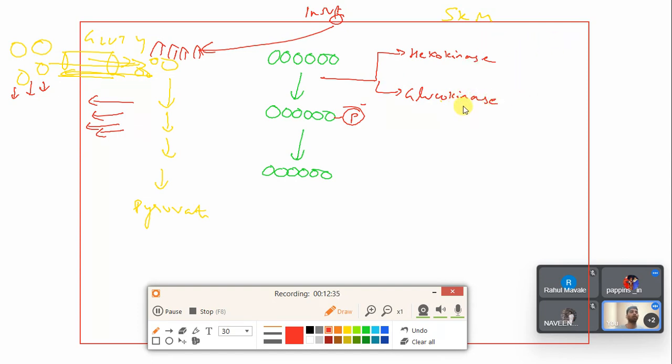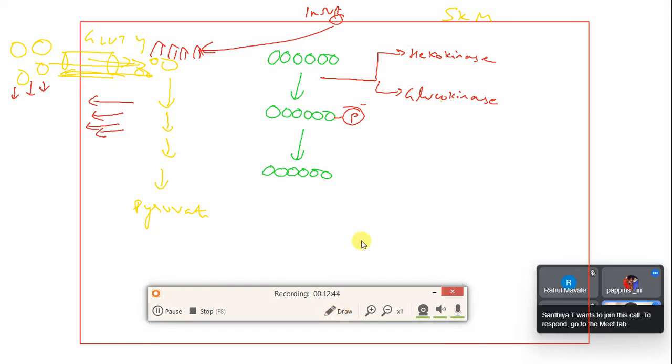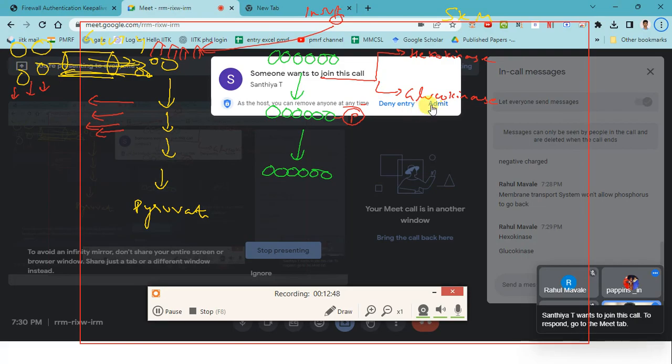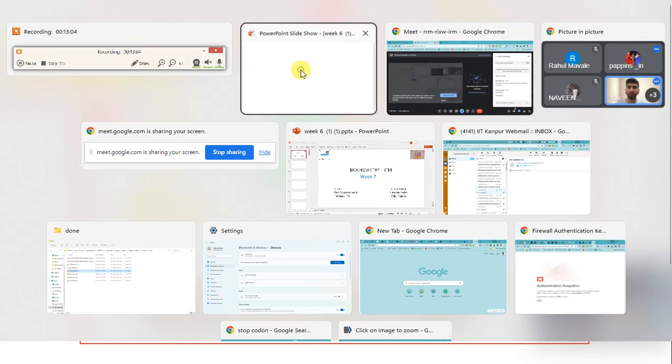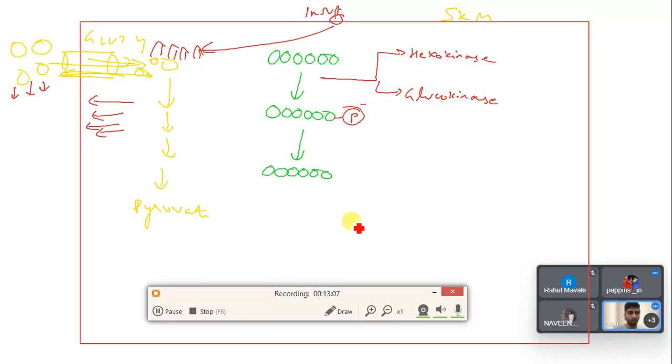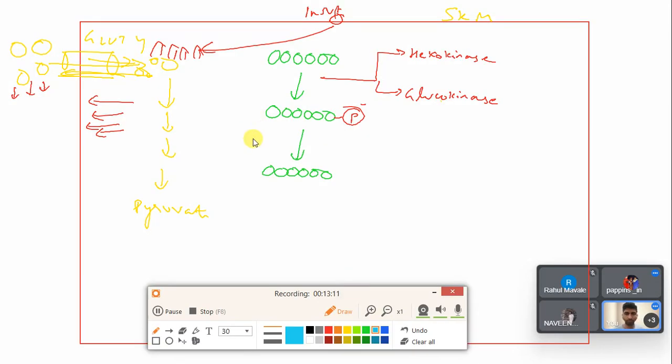First, tell me the difference between two things: kinase and phosphatase.